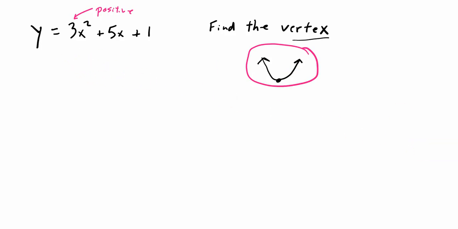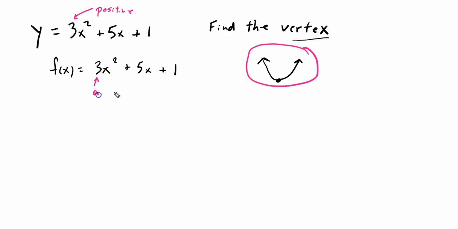Okay, so now what I'm going to do is I'm going to rewrite this expression. So instead of y, I'm going to rewrite it as a function, f of x. So it's the same thing. And now I'm going to identify the coefficients.